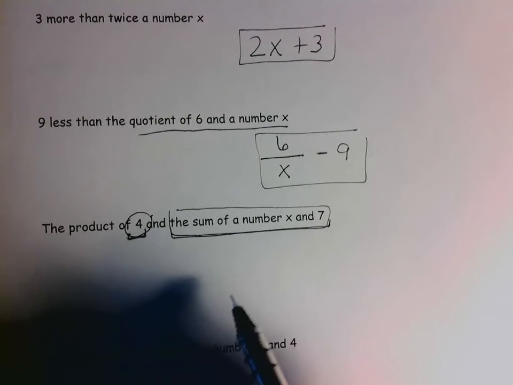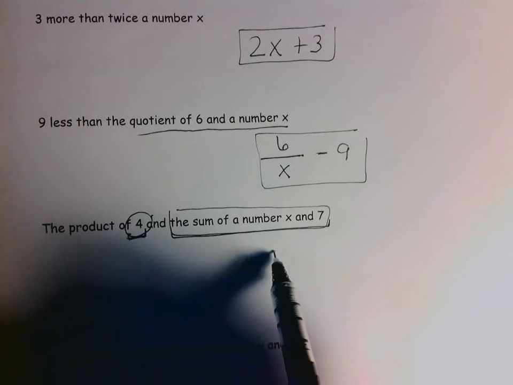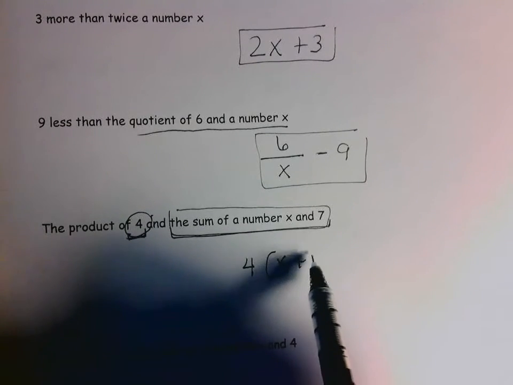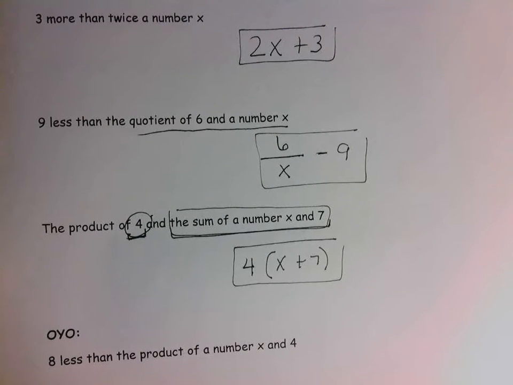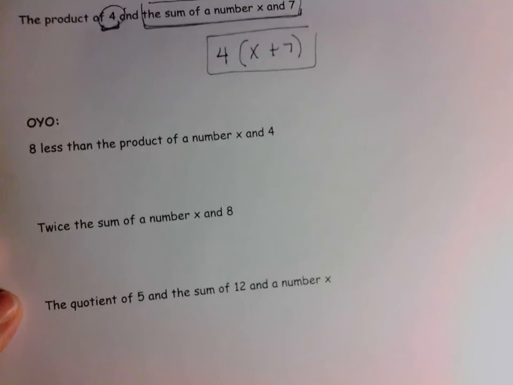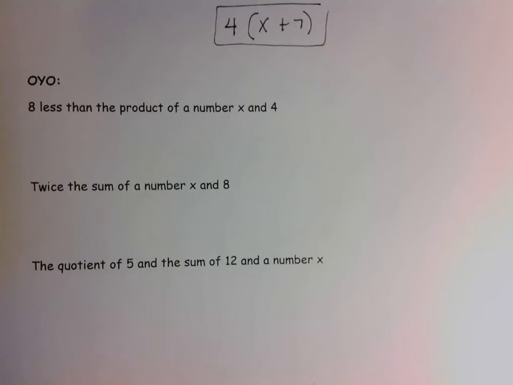The product of 4 and the sum of a number x and 7. I'm going to be multiplying 4 by x plus 7. Okay, go ahead and hit pause and work out the on your owns.